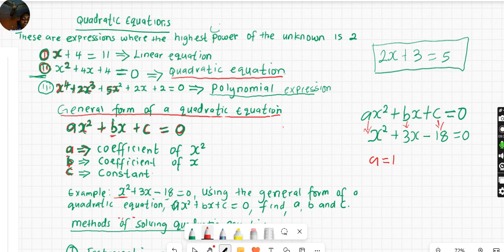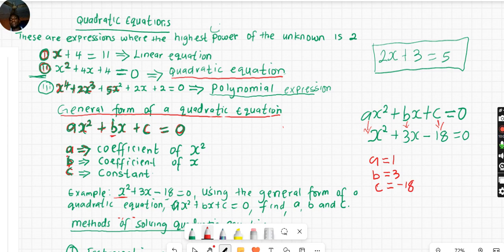The coefficient of x, which is b, is 3. And the constant c is the number that is standing alone. When you want to consider this constant, consider the sign too. So the constant is minus 18.